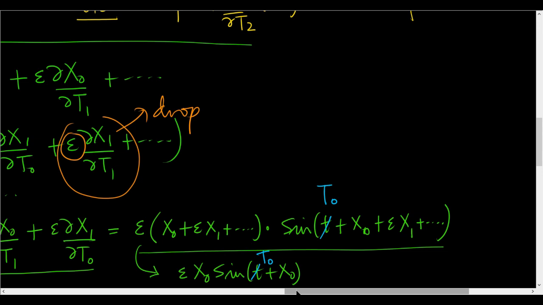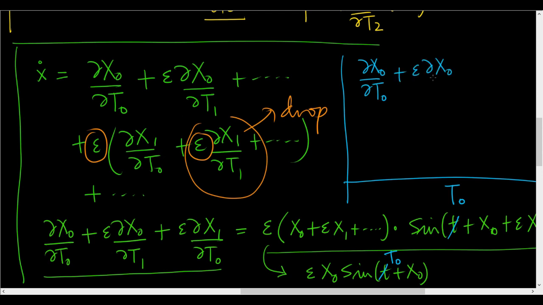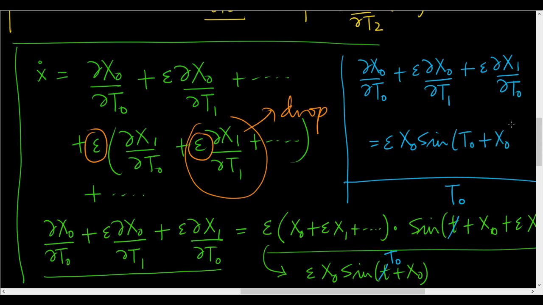We have del x0 del t0 plus epsilon del x0 del t1 plus epsilon del x1 del t0 is equal to epsilon x0 the sine of (t0 plus x0) plus order epsilon square.